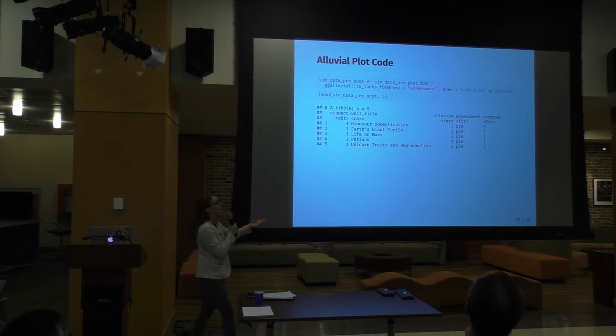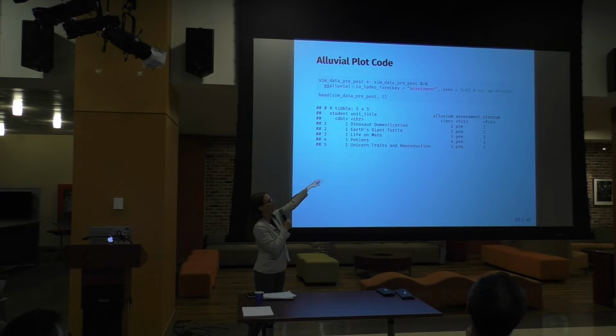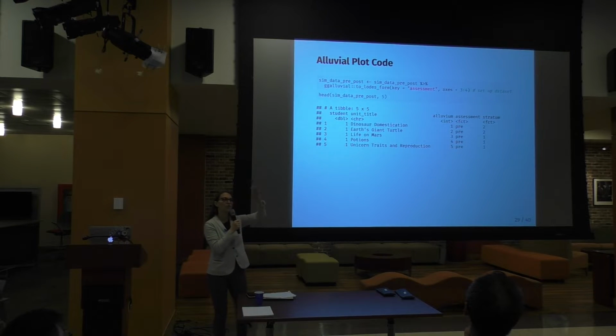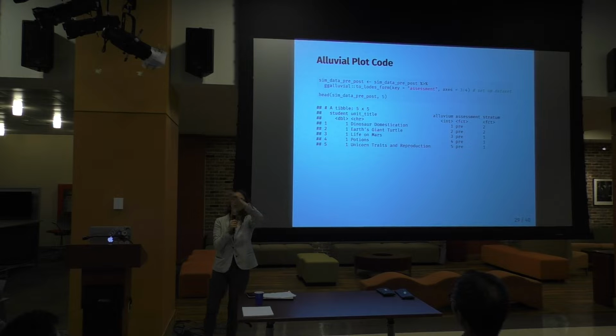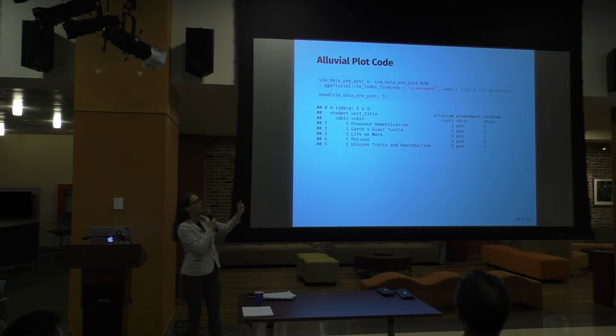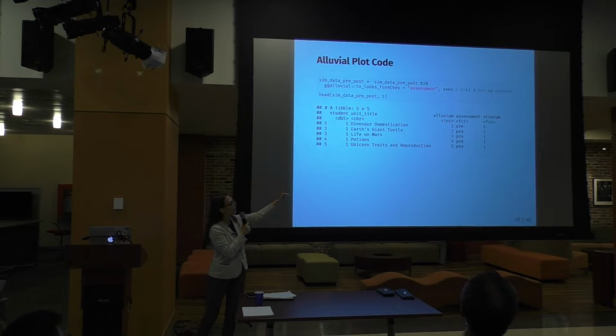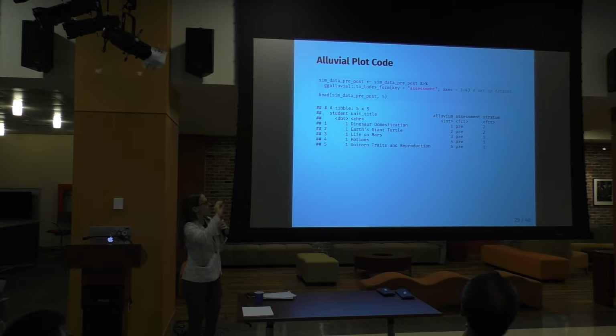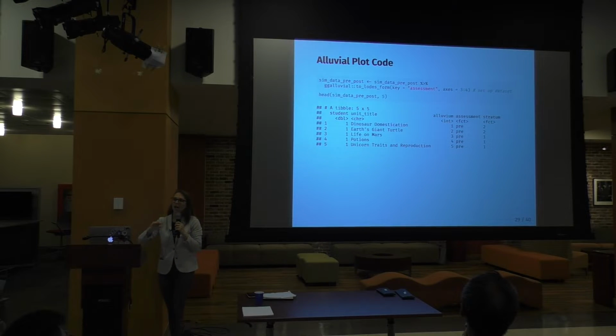So I think that's nice. You have the alluvium, which is just the individual or whatever that is flowing from one state to another. In this case, the assessment is the thing that doesn't get relabeled. And then you have the stratum, so those are the levels in this case.